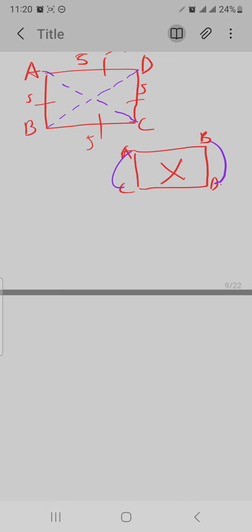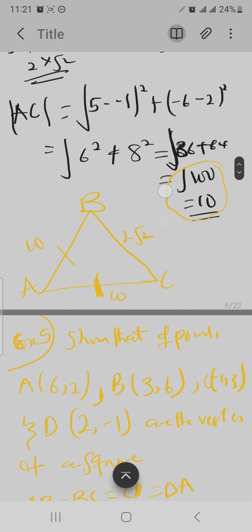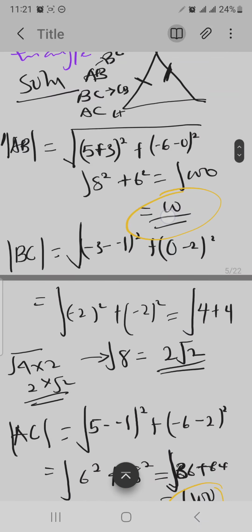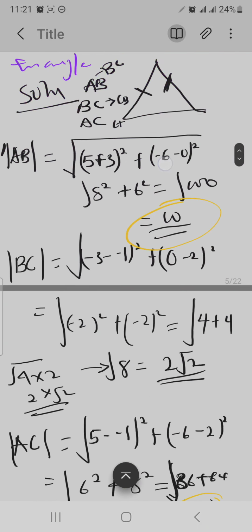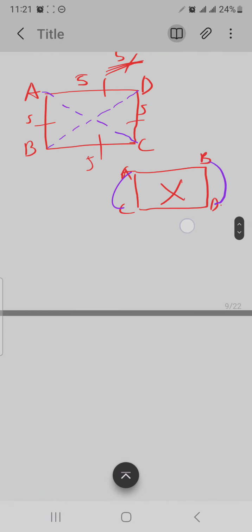Let me give you a very good example. I don't know which examples we have, but I think we are able to solve example 4. Okay, example 5.